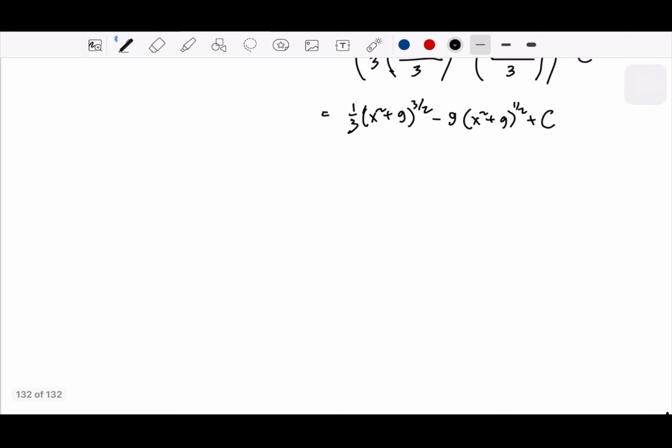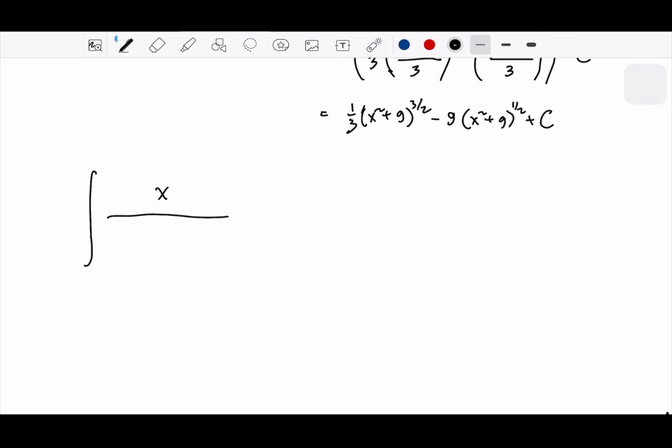Okay, now the other example related to trigonometric substitutions is if we have a problem like this: the integration of x over the square root of 3 minus 2x minus x squared dx.